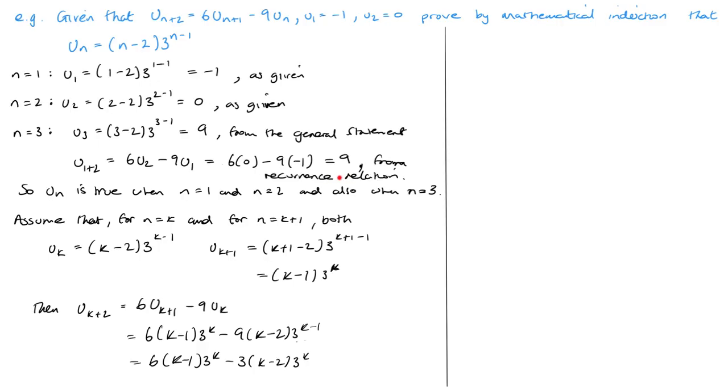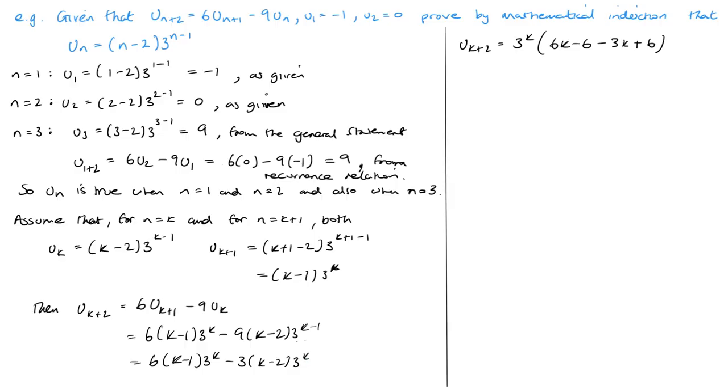Now I've just moved this from here underneath, just gives me a little bit of room to carry on writing up here. So this is u of k plus 2. Now I can factorize out my 3 to the k, and that leaves me with 6k minus 6 minus 3k plus 6, from expanding these parts.